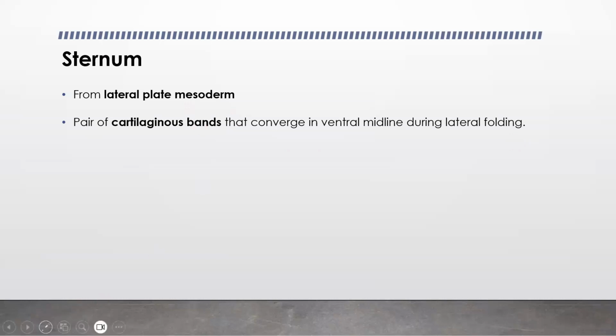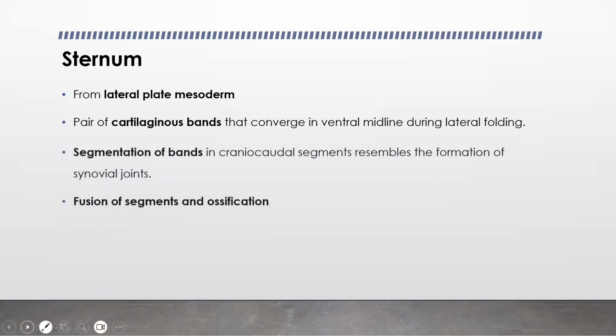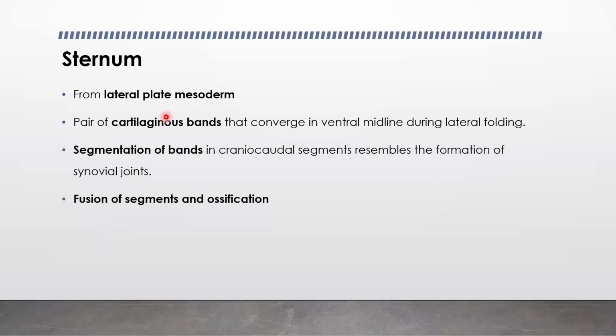You'll appreciate this well using an image. The lateral mesoderm gives you these cartilaginous bands. The cartilaginous bands undergo segmentation into cranial segments, then endochondral ossification happens, and then you have fusion of the segments and ossification.